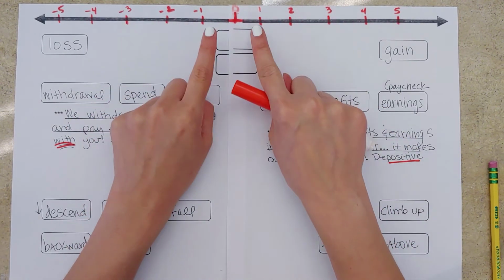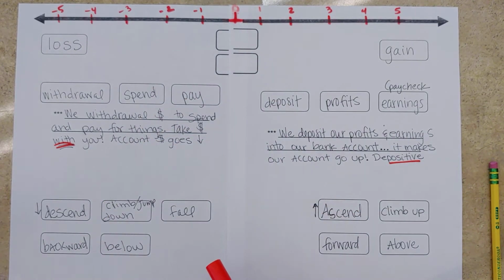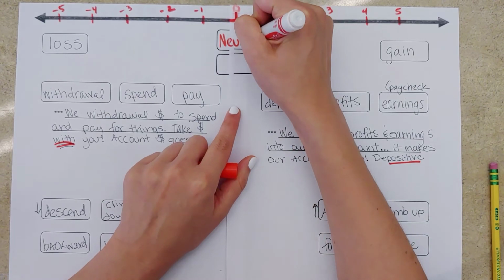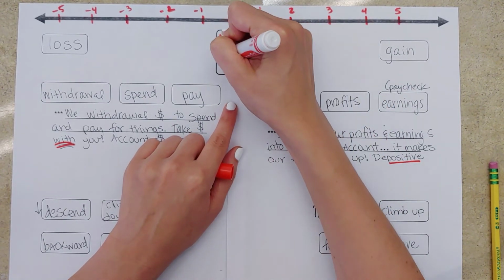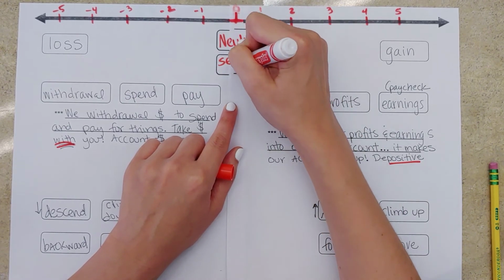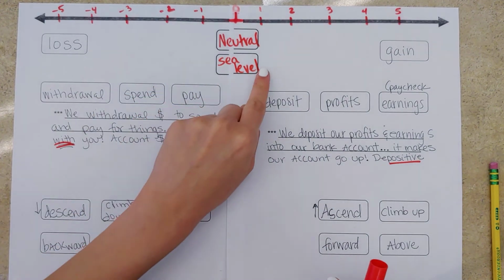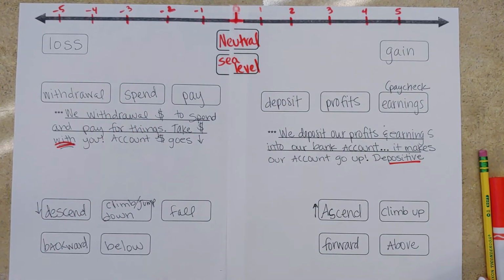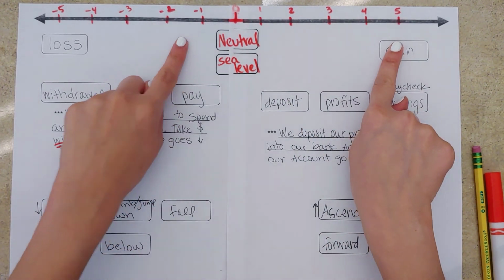And if they didn't want to get in the middle, they remained neutral. So 0 represents neutrality, not positive, not negative. Then a real life example we used was sea level. You might see some things listed as above or below sea level, and that is kind of a litmus test. It's right in the middle. All right, there we go. There is our basic vocabulary for integers, positives, and negatives.